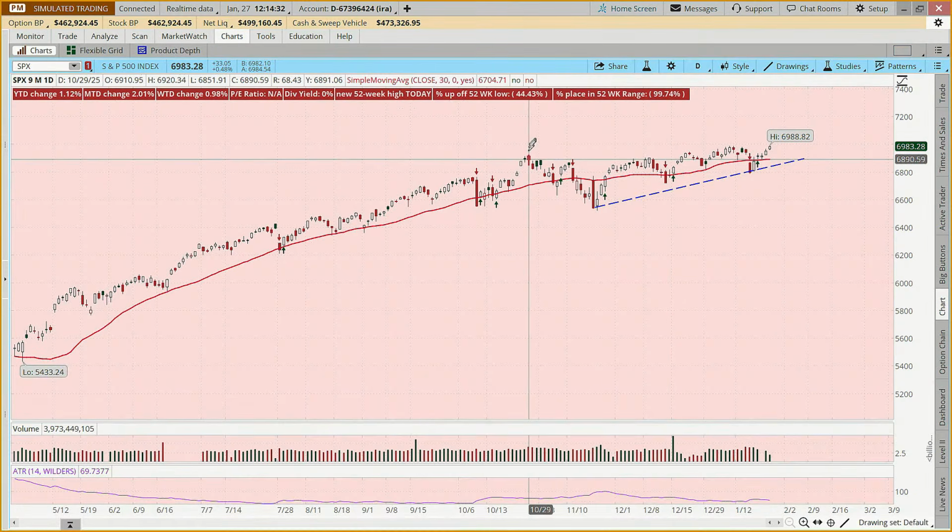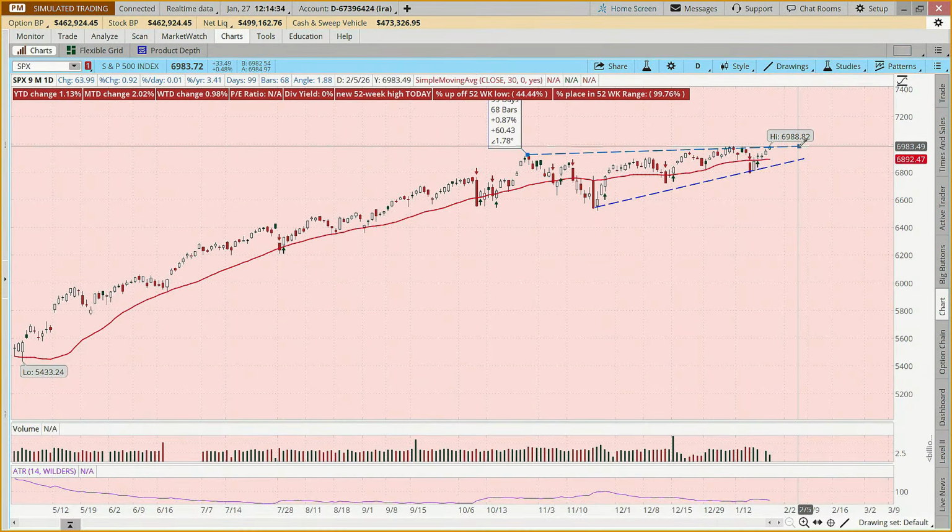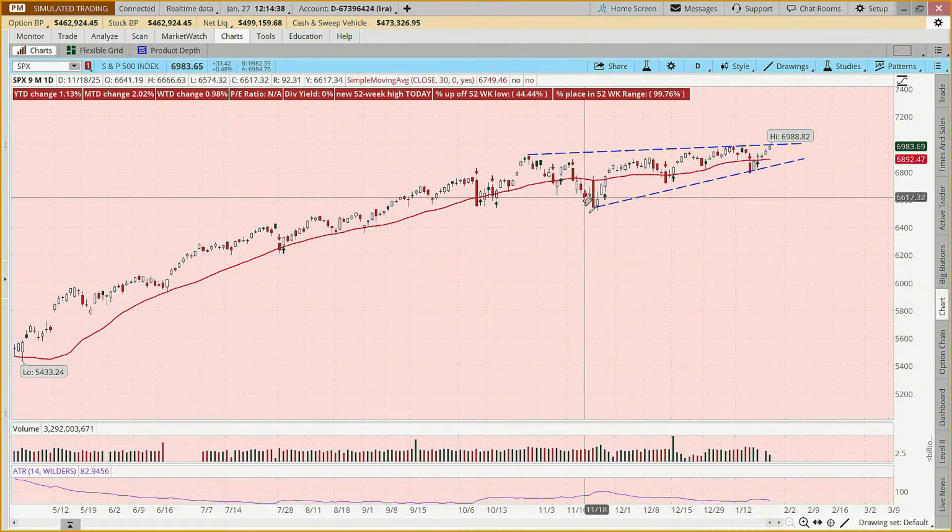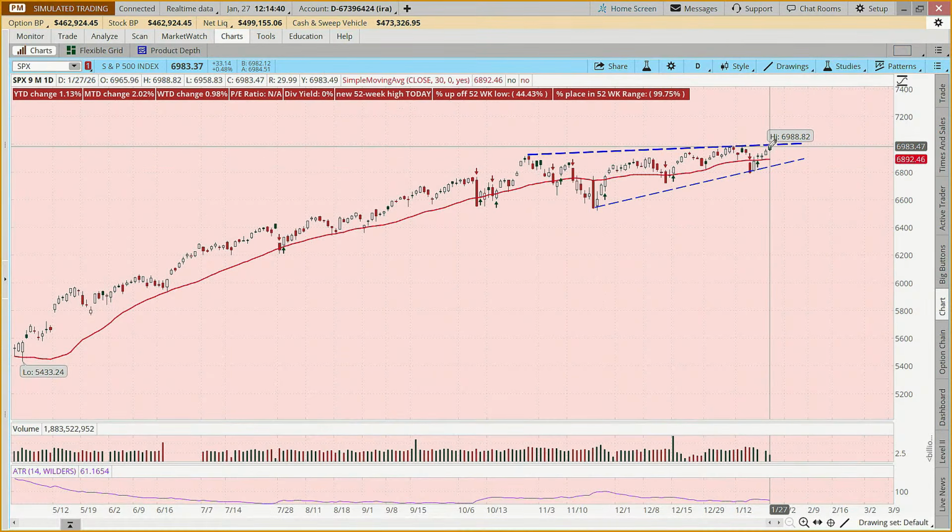And it had been kind of consolidating a little bit, forming a bit of a wedge pattern, but it's knocking up against the upside today. In fact, hitting a new all-time high.